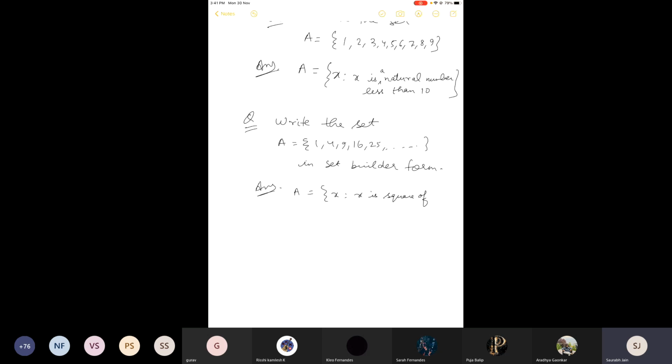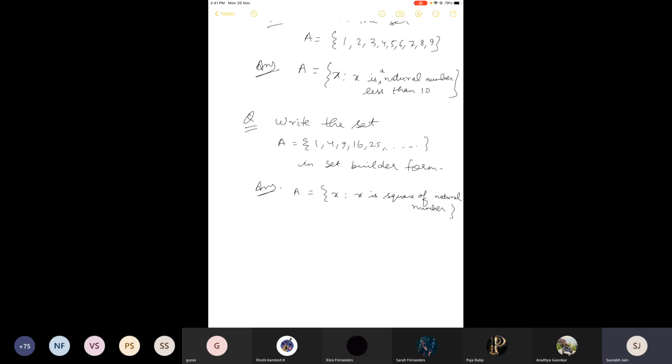So A is a set of all x such that x is square of natural number. Now there is no limitation because the elements go on. Basically these type of sets, where after a comma we write a dash or something like this which goes on, are termed as infinite sets. That means infinite elements will be there. So we will see when we go through the definitions.